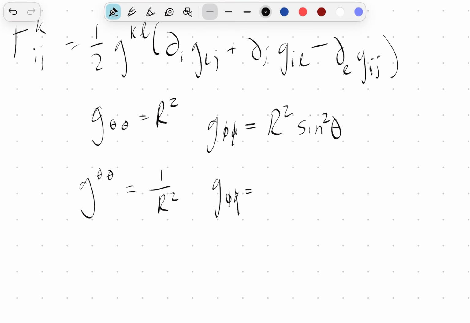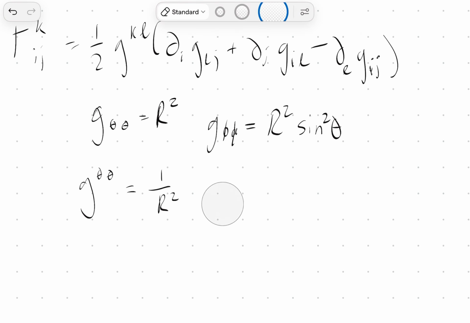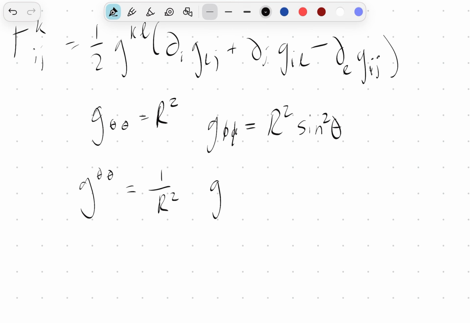Okay. Oh, and we also want the upper indices to be the inverse here, right?